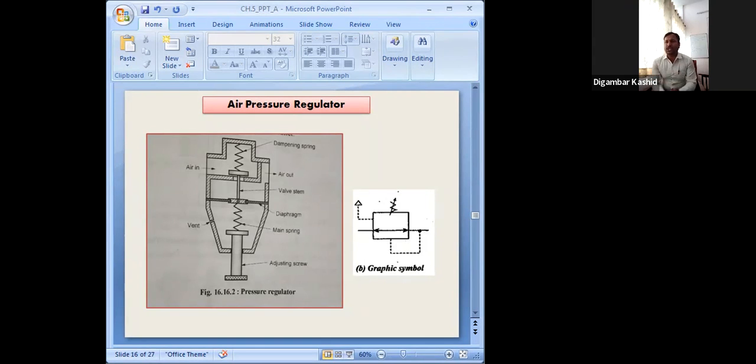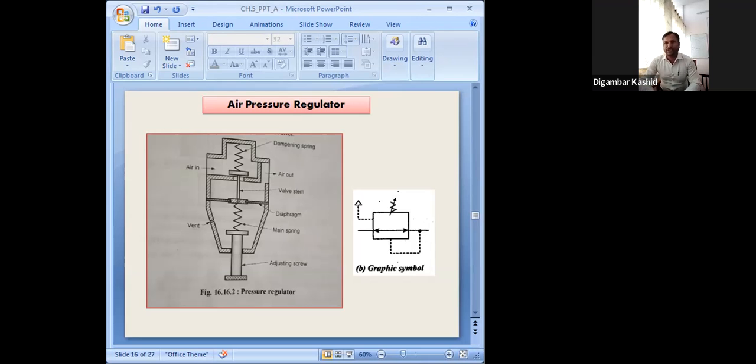The function of the air pressure regulator is to regulate the pressure of the incoming compressed air. Once again, I am repeating, the function is to regulate the pressure of the incoming compressed air so as to achieve the desired air pressure at a steady condition.